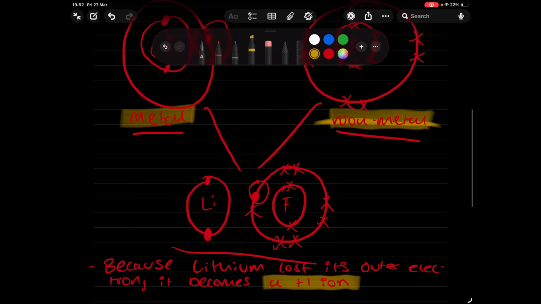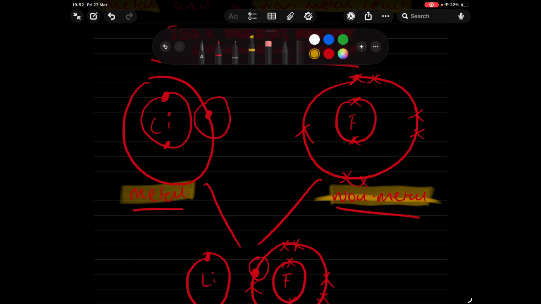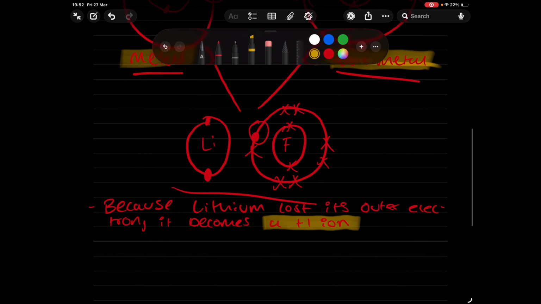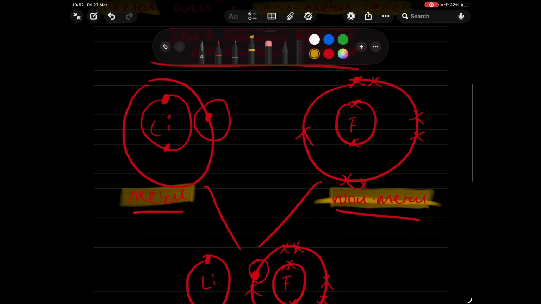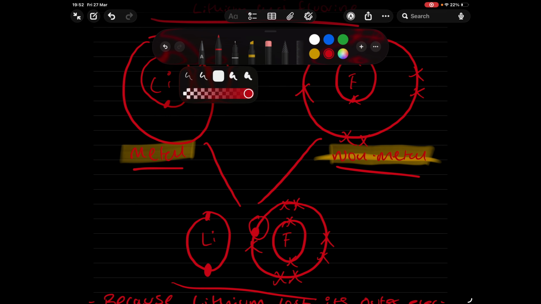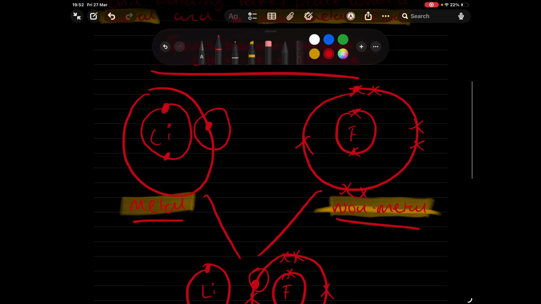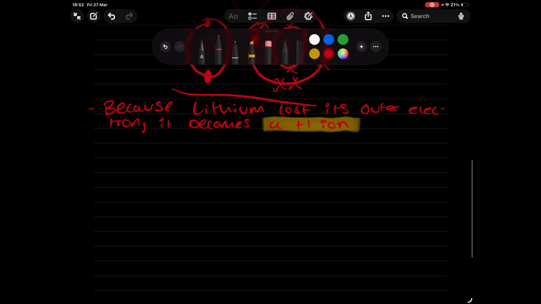Lithium has 1 electron in its outer shell. Fluorine has 7 electrons in its outer shell. They both react because they both want a full outer shell, so they become stable. And once the atoms react, they don't stay an atom, they become an ion.